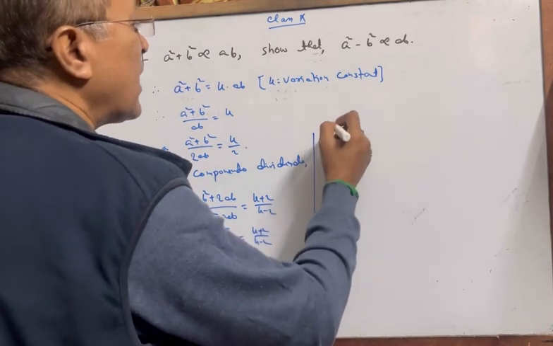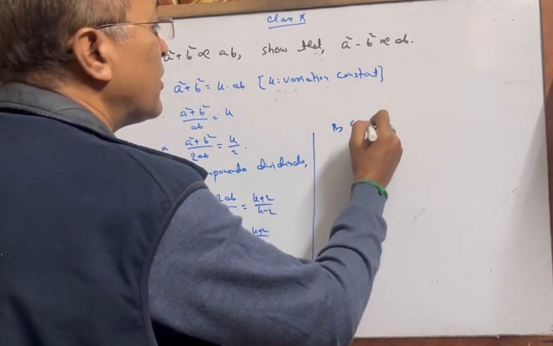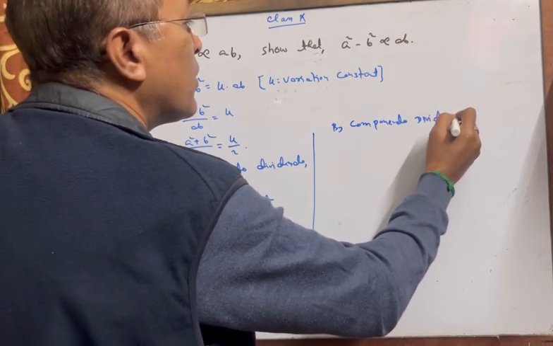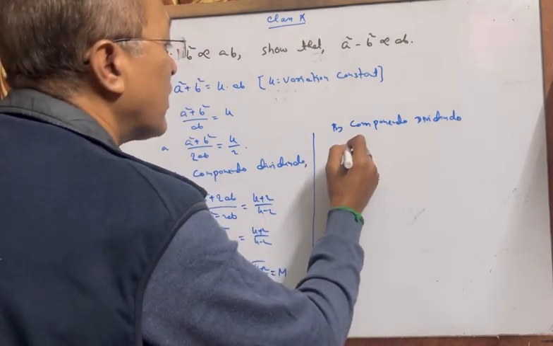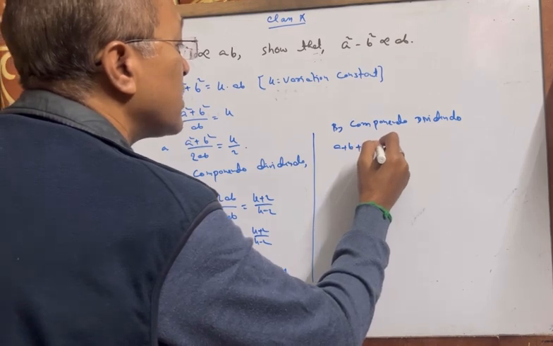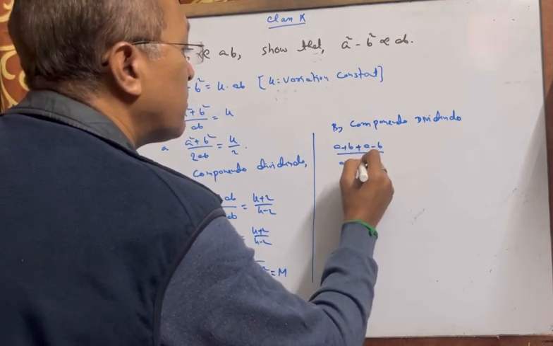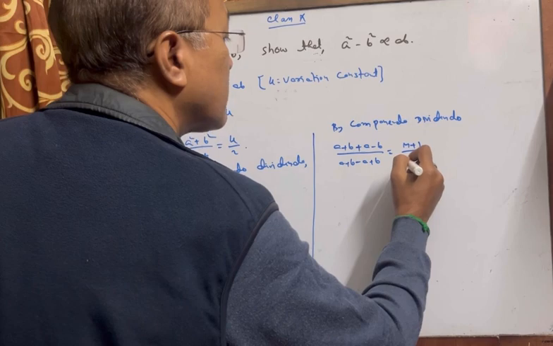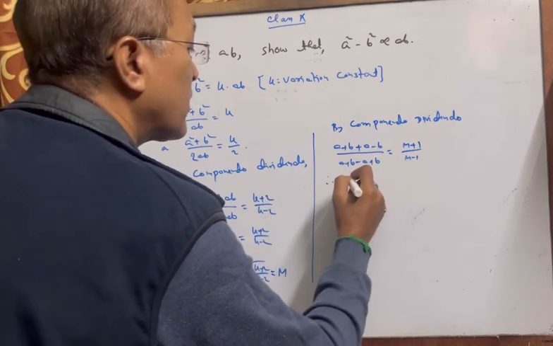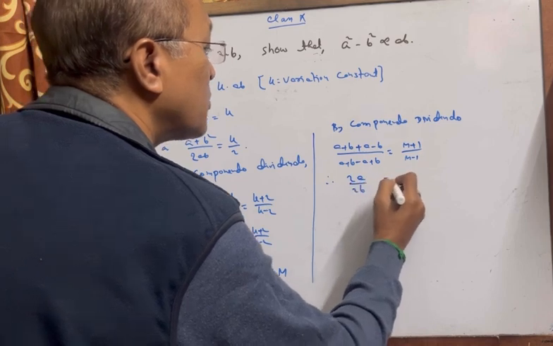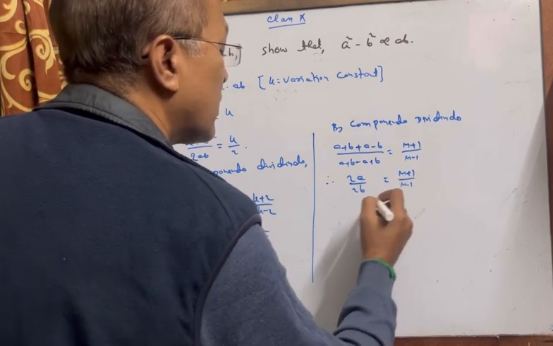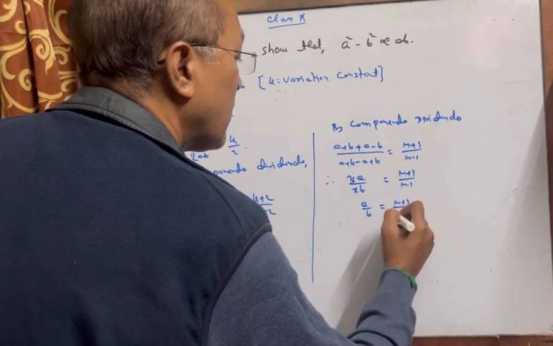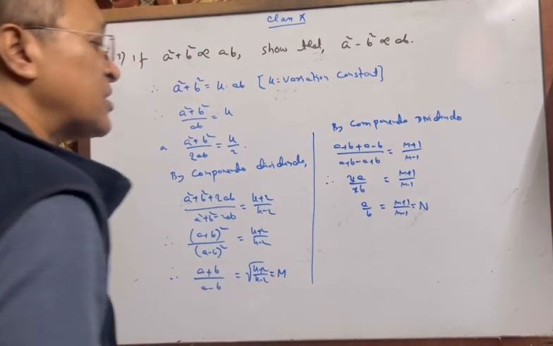Now, again by componendo dividendo, we can find a plus b plus a minus b by a plus b minus a plus b is equal to m plus 1 by m minus 1, or we can say 2a by 2b is equal to m plus 1 by m minus 1, or we can say a by b is equal to m plus 1 by m minus 1, that we can consider as n.